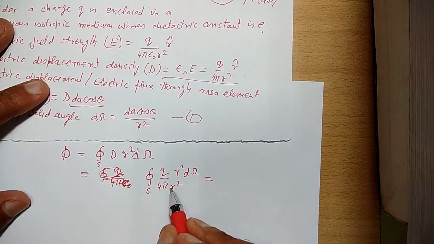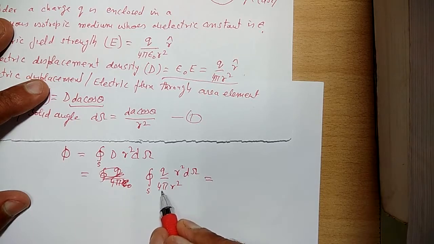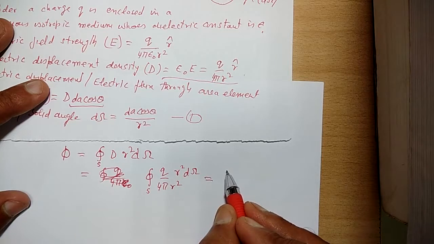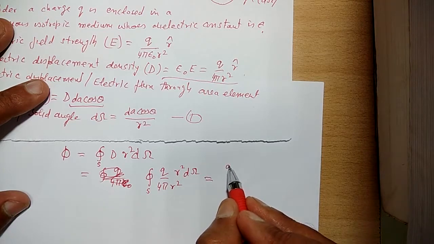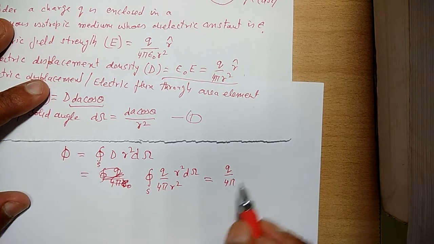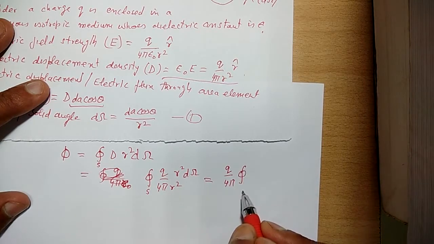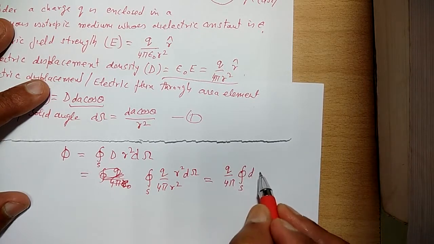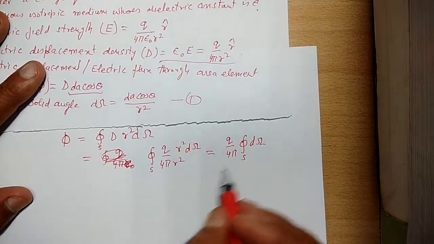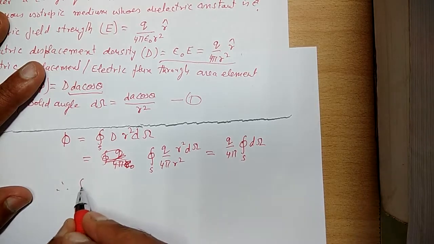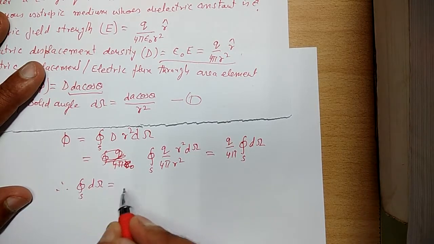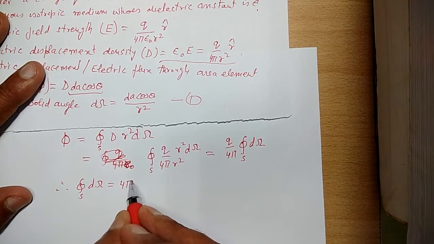So Q is constant, 4 is constant, pi is constant. We can write it Q by 4 pi times the closed surface integral of d omega. So we know that the value of this integral is equal to 4 pi.